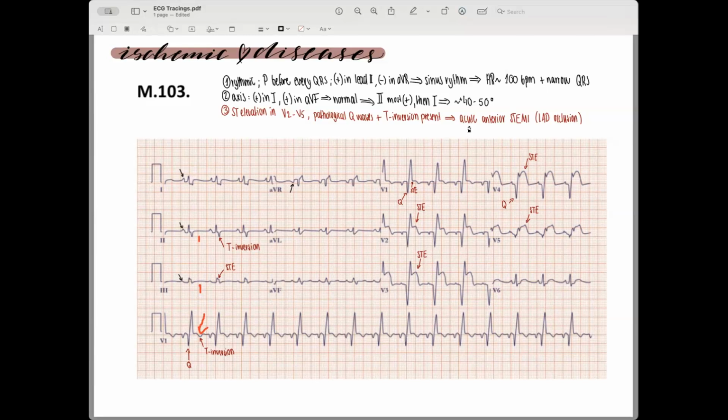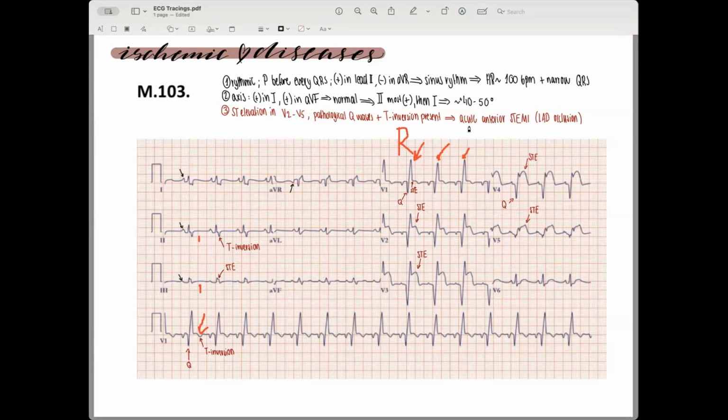I wasn't entirely sure, but what can you see in V1? Tell me, what kind of complex do you see in V1? A widened QRS? No, you do see an R wave. Okay, an R wave. That's a QR complex.